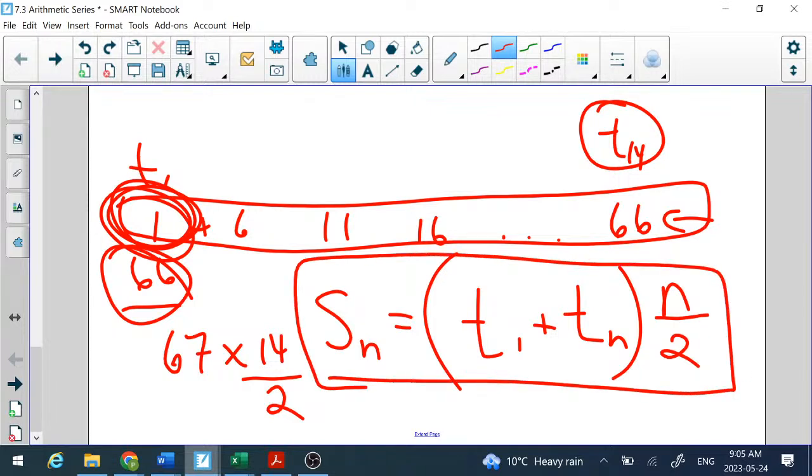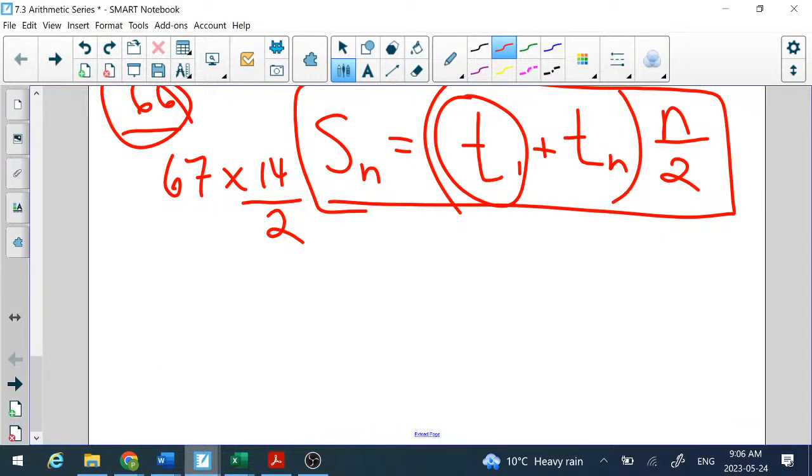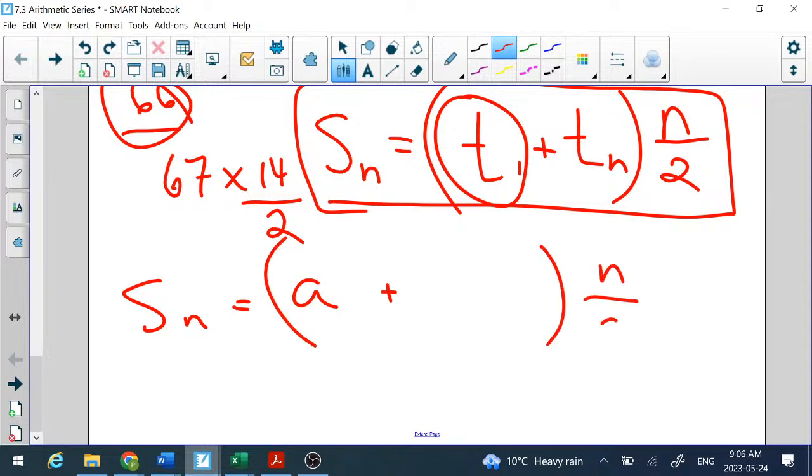Now, you might say, well, why are we calling it T1 and not the letter A? You're right. We can rewrite it with the letter A, and we're going to end up with something slightly different. So take this, replace it with A. If you're going to do that, what could you do with Tn? Remember, it's an arithmetic series, which is based on an arithmetic sequence.